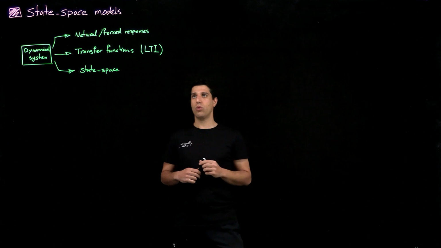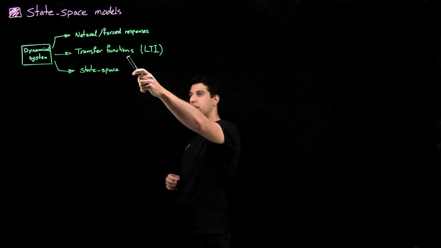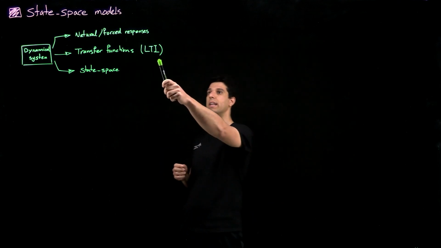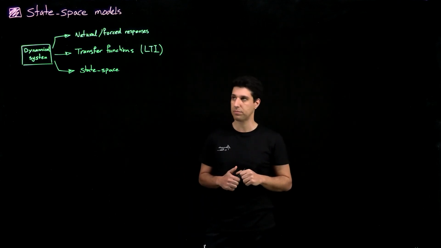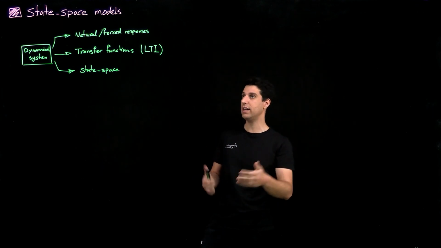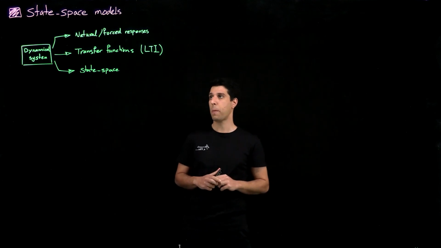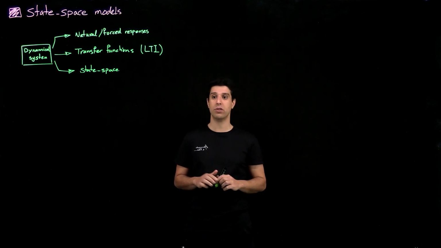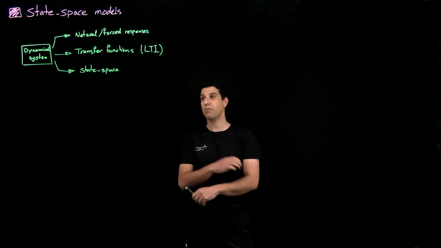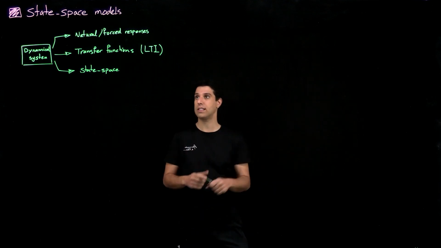One thing to emphasize and remember here is that a transfer function is only valid, and we can only define a transfer function, for a linear time invariant system. So if our system is anything other than linear or it changes with time, the transfer function doesn't work. Also remember that a transfer function is an input-output relationship, meaning that for any input and any output, you have to define a single transfer function.